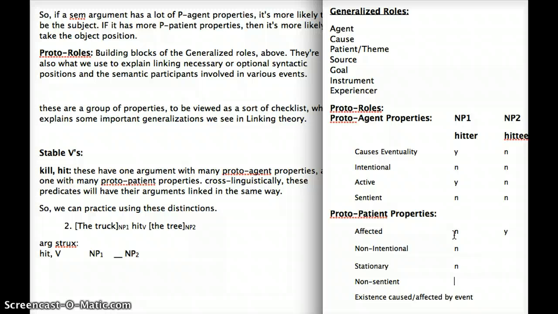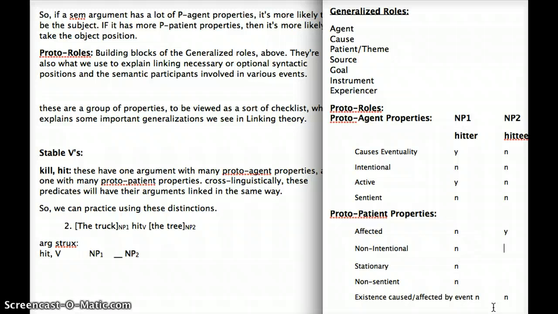And although it could be sentient, it could also be non-sentient. It's not necessarily non-sentient, so we say no. Its existence is also not caused by this event, but neither is the hittee's.